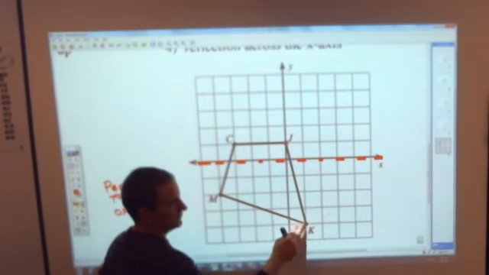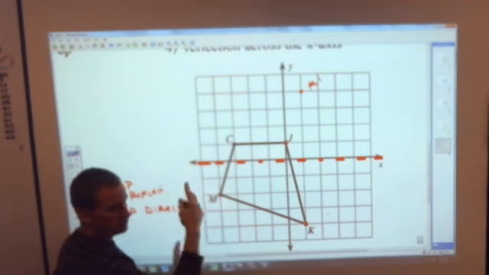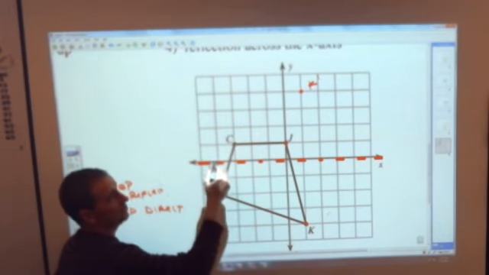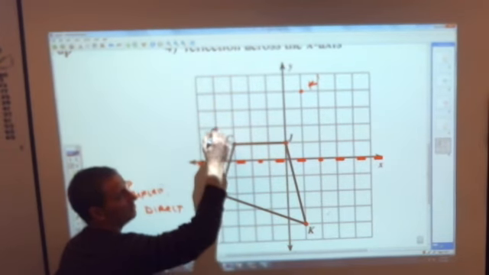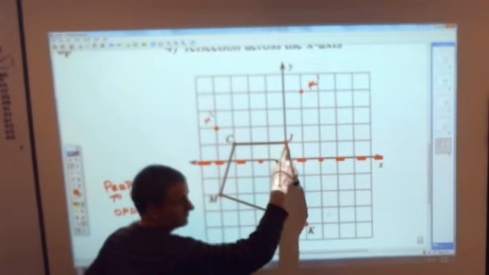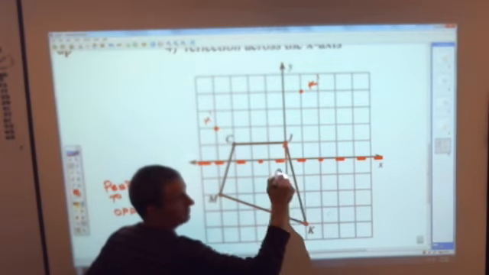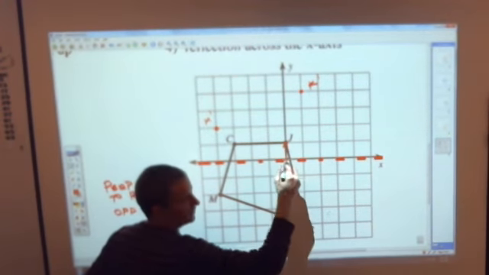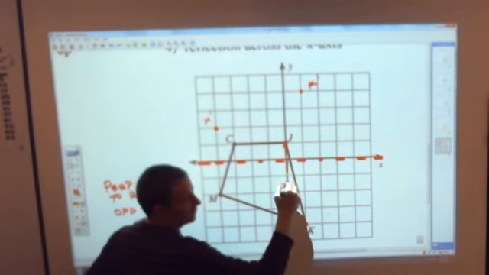My M is how many units away from the reflection line? Just 2. It's 2 down, so my new point is going to be 2 up. That's my point M prime. Here's where things get tricky, because this is so close to the reflection line. Point J is 1 unit up, so I have to go 1 unit down for my J prime. It's right here.